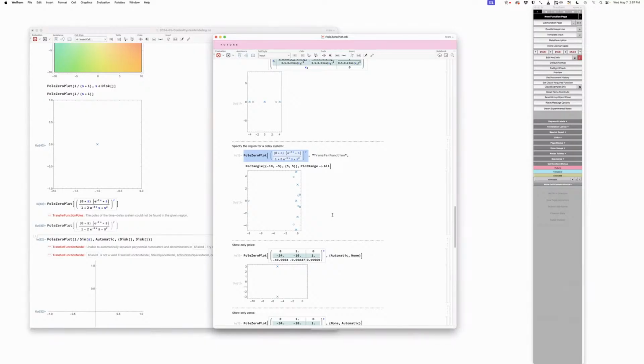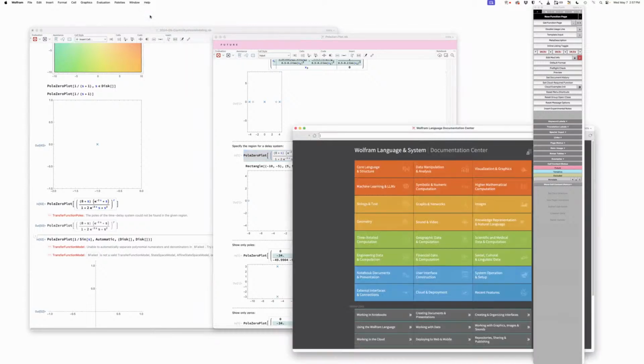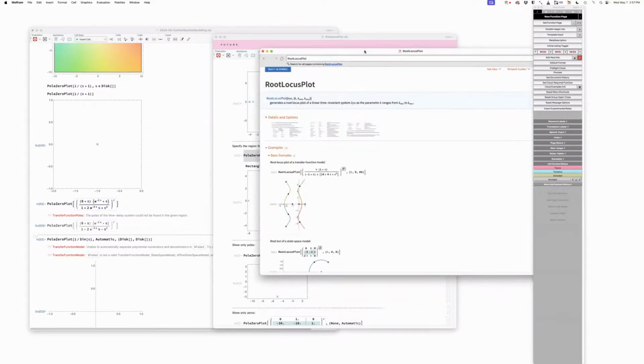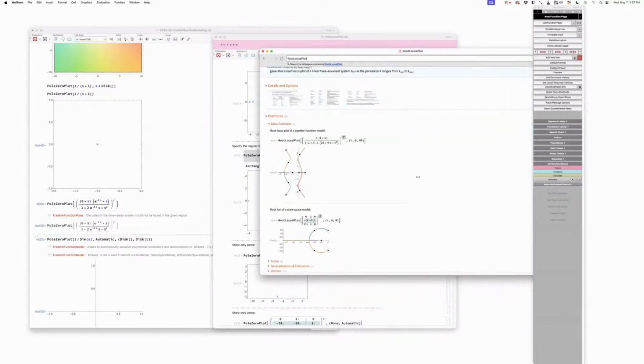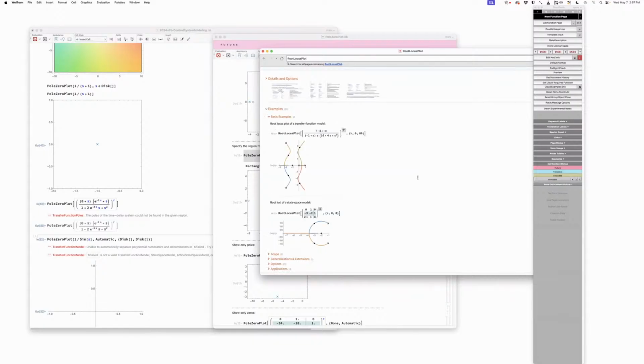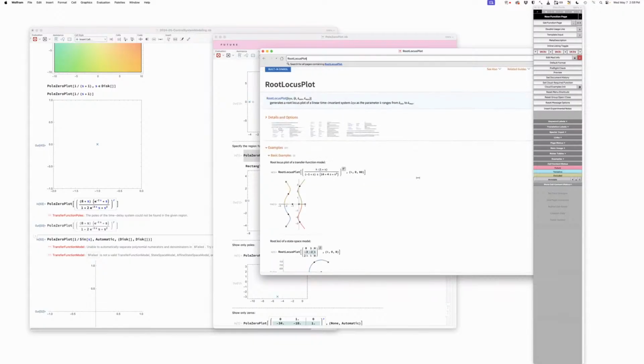So there is another plot called RootLocusPlot that was introduced many versions ago. And it shows basically how the poles migrate when you tweak a parameter, when you vary a linear parameter. Is this something we could use in general?